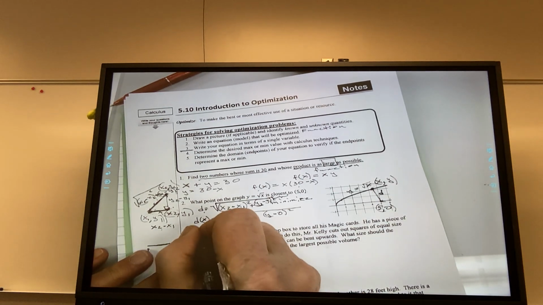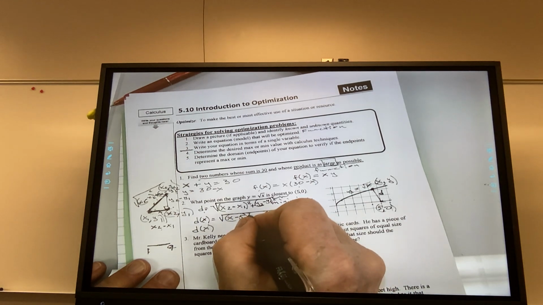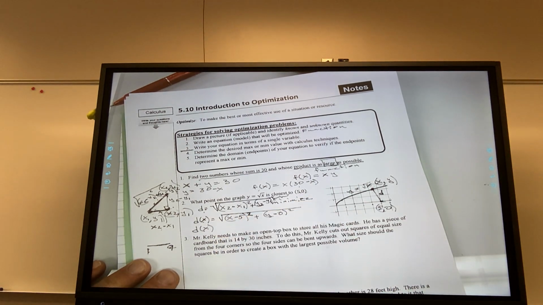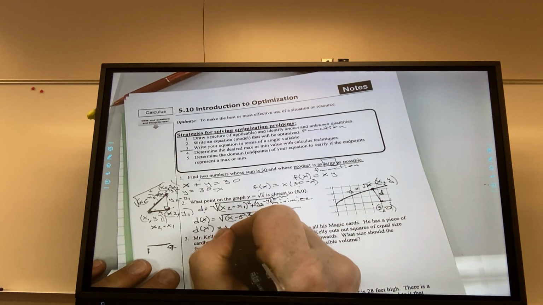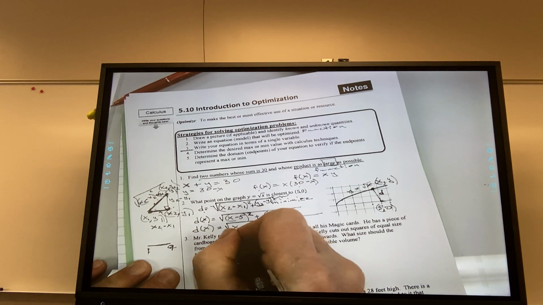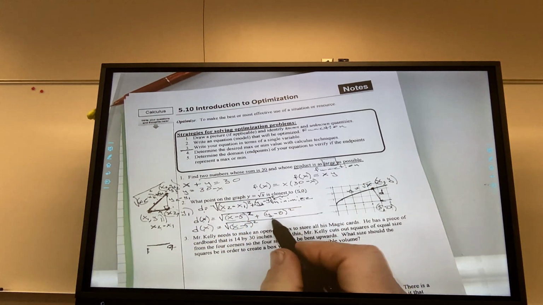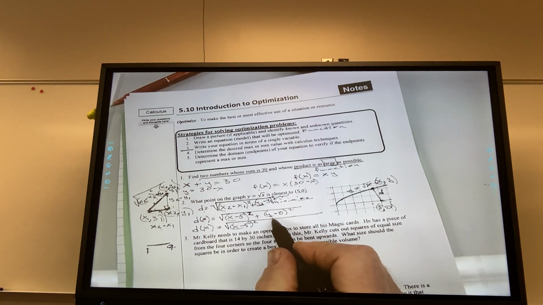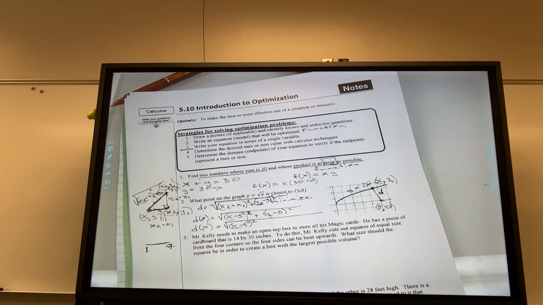Oops, I forgot my squared here. Everything has to be in terms of x. So I got x minus 5 squared. I got a y here. Can I get rid of that y and replace it with something?